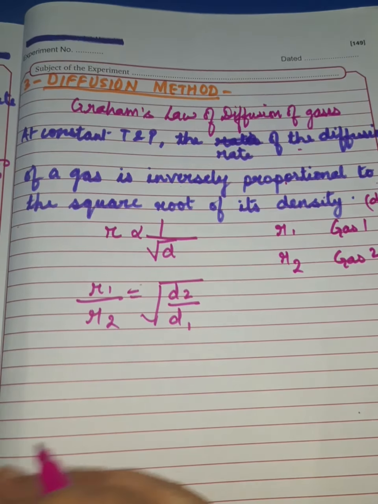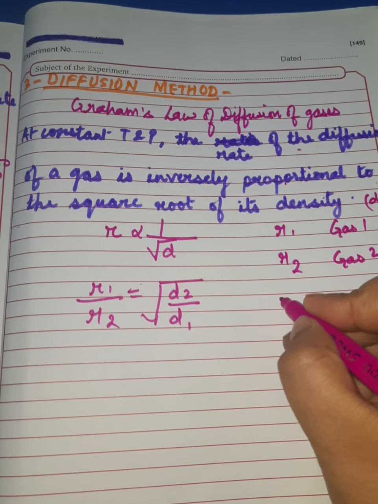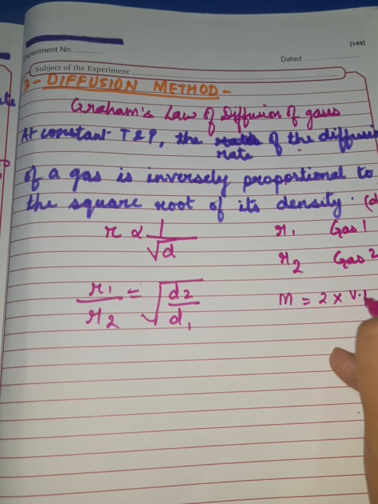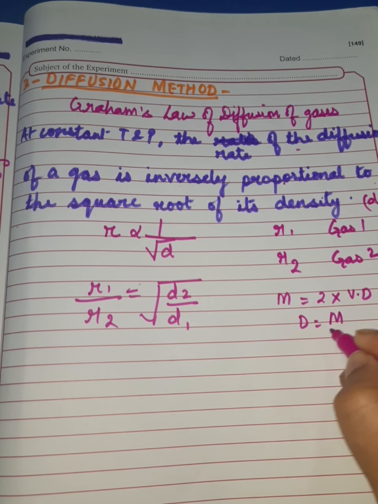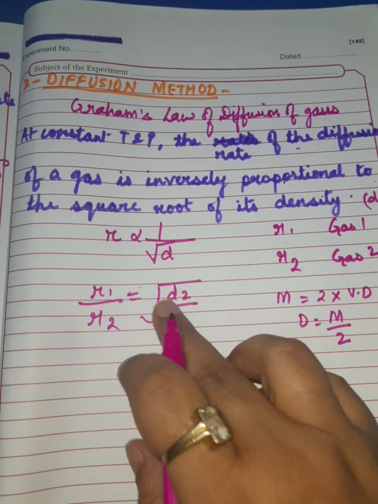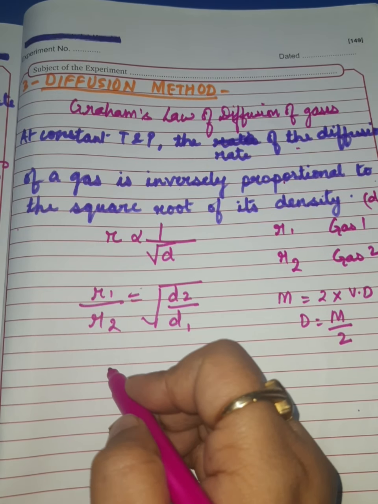Alright, and we have recently seen in method 2, Regnault's method, that molecular mass is equal to 2 into vapor density, or density simply. So density is equal to molecular mass divided by 2. So we can replace density here using this formula. On that basis, what formula do we get here?